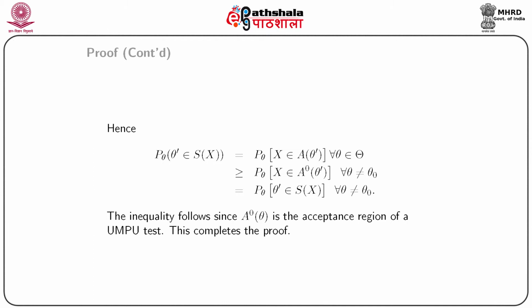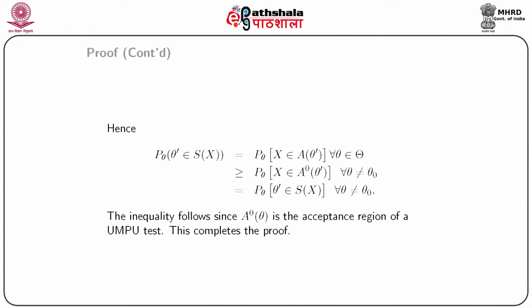Hence, P_θ(θ' ∈ S(x)) = P_θ(x ∈ A(θ')) for all θ ∈ Θ, and it is greater than or equal to P_θ(x ∈ A₀(θ')) for all θ ≥ θ₀, which is equal to P_θ(θ' ∈ S₀(x)) for all θ ≠ θ₀.